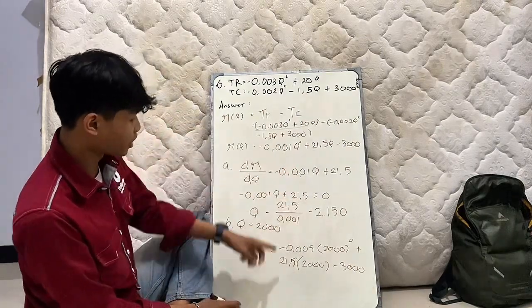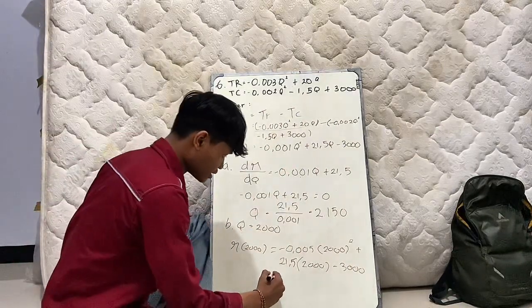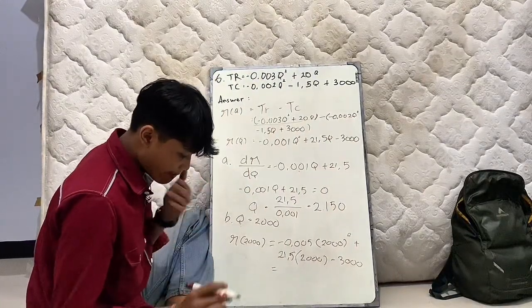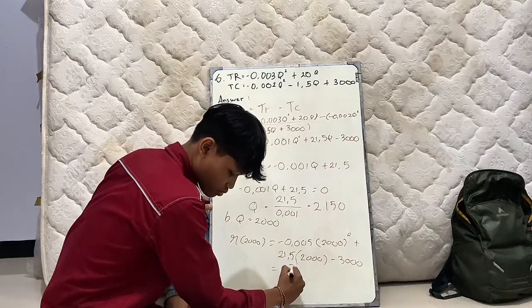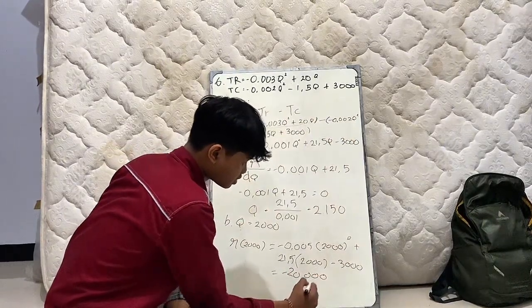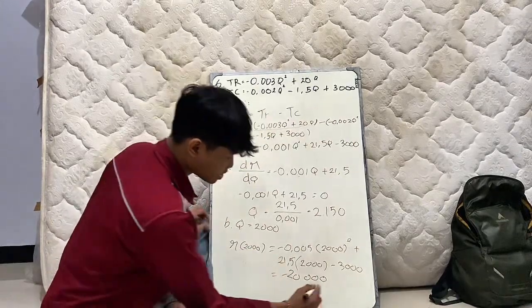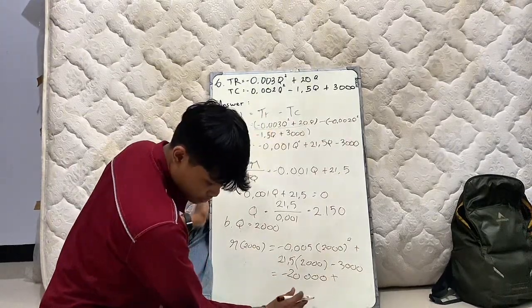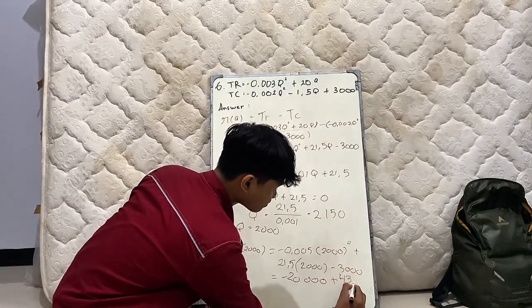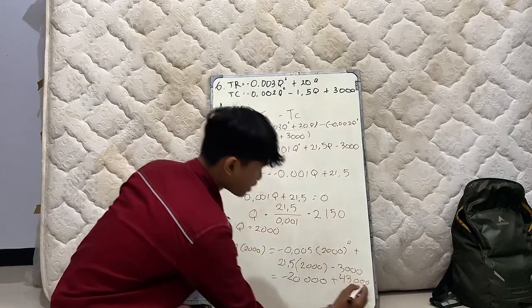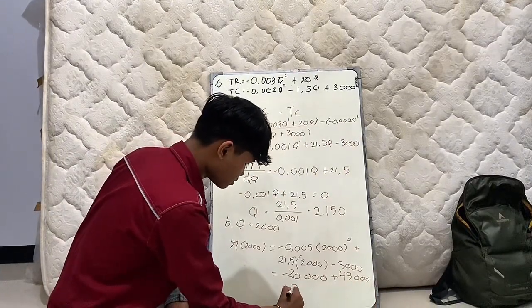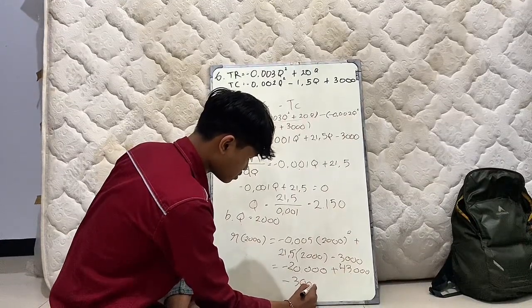So we have this number. So the answer is minus 20,000 plus 43,000, and then minus 3,000.